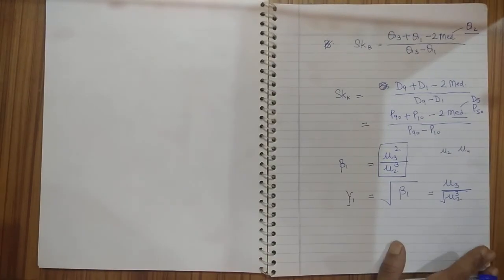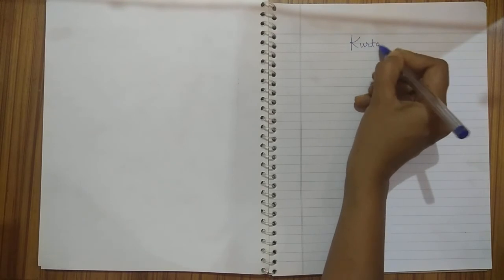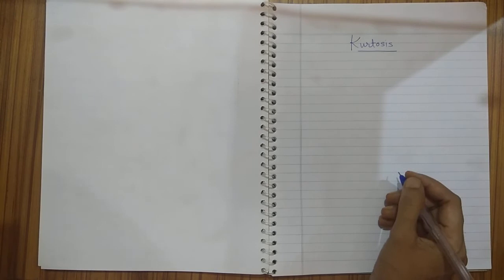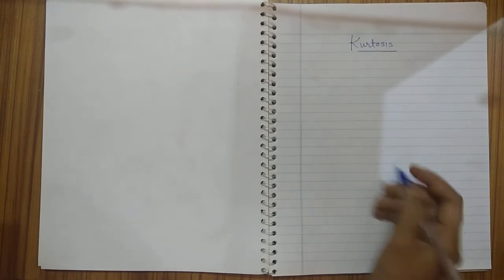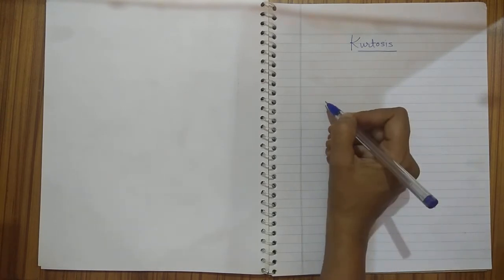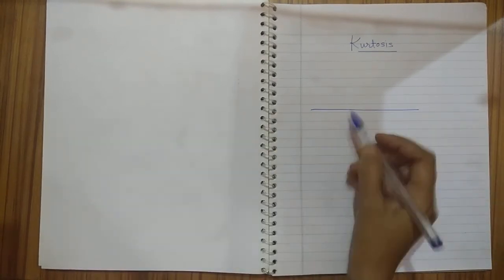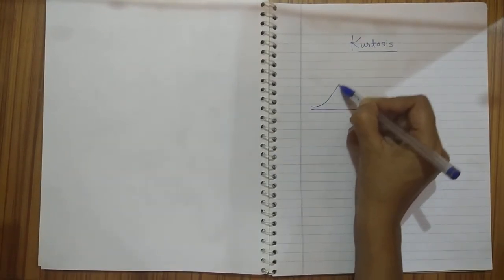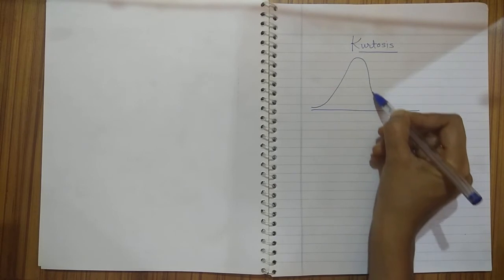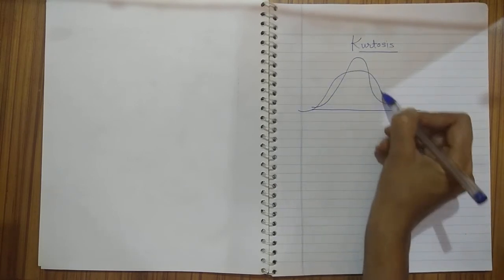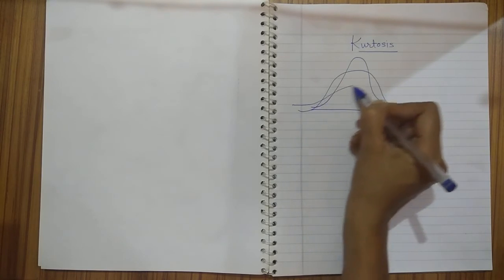Now, what is kurtosis? I'm going to teach you that also. Kurtosis is nothing but the peakedness of a distribution. Let's see. This is a distribution, this one can also be a distribution, and this one can also be a distribution.